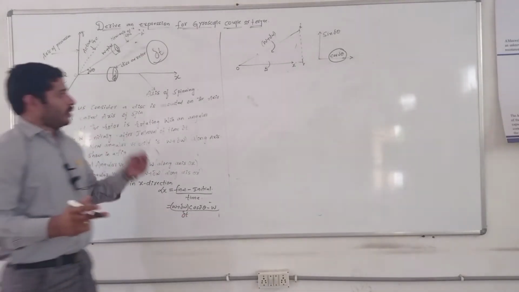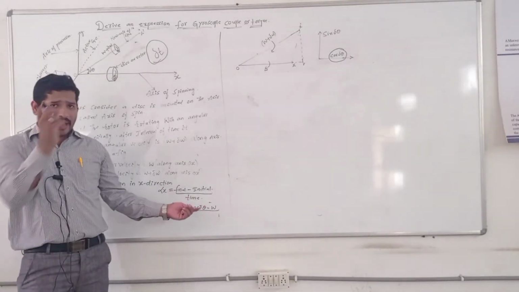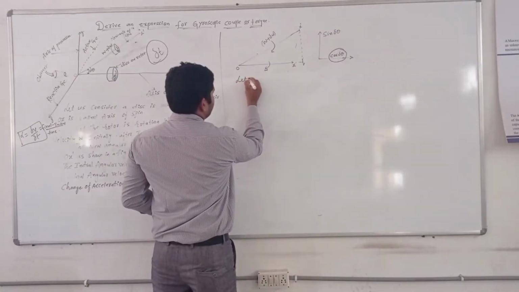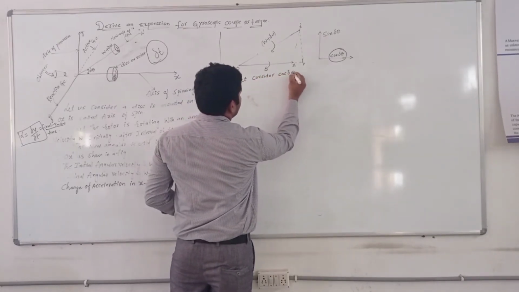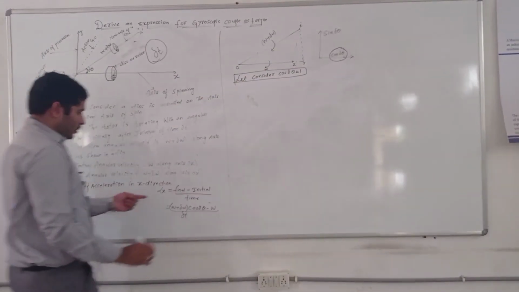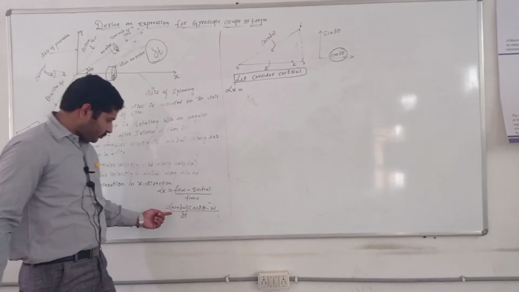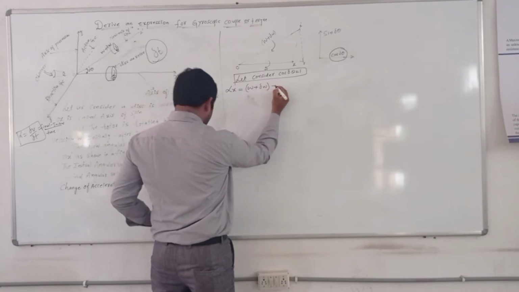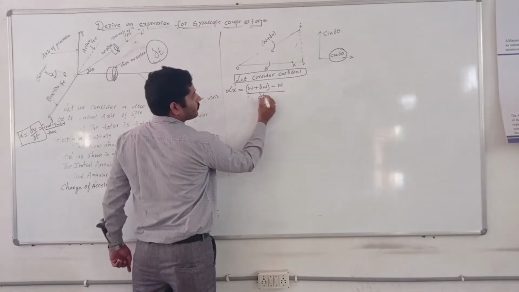Any confusion? No. Then if cos delta theta, this small change of angle, we can consider cos delta theta equal to 1. So angular acceleration in the x direction equals omega plus delta omega minus omega with respect to time.